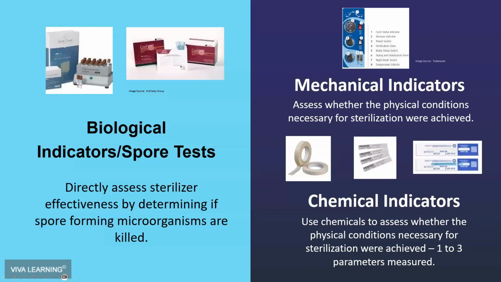So I mentioned earlier that sometimes people will mistake a biological indicator or a spore test, or excuse me, it's the opposite. They will mistake a chemical indicator, either the indicator on a pouch or a strip that's placed in a pouch or a cassette. They will confuse those with biological indicators.